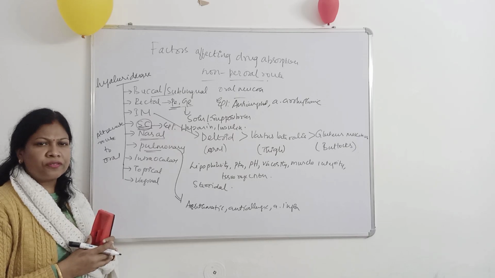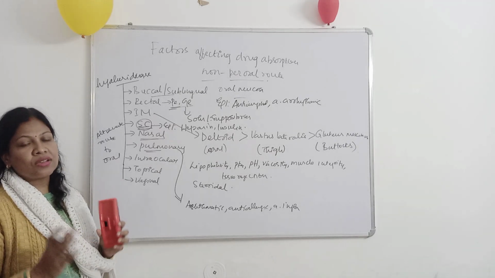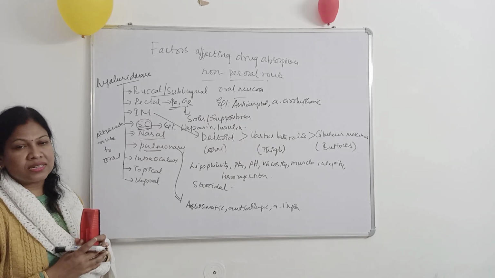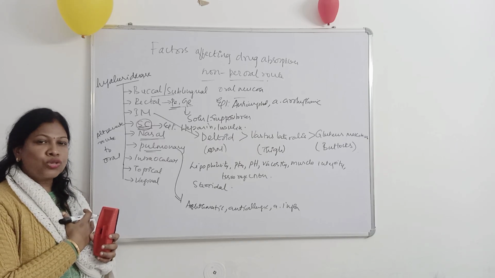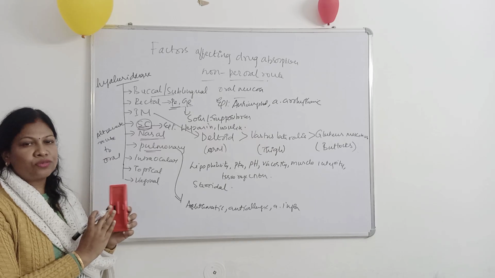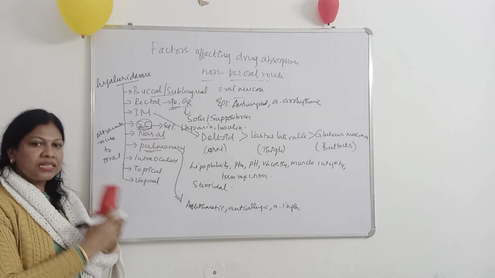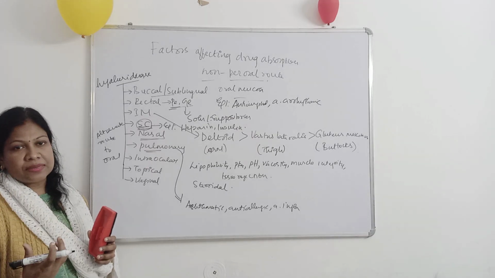So why is this route preferred? Why lungs for drug absorption? Because the lungs are also a highly vascularized region. You must know that next to the heart, which receives the whole blood volume, that is 6 liters of blood each minute, the lungs are the organ which receives the maximum blood flow.